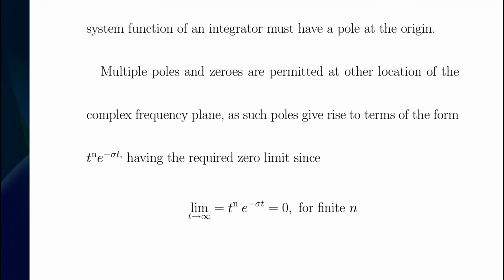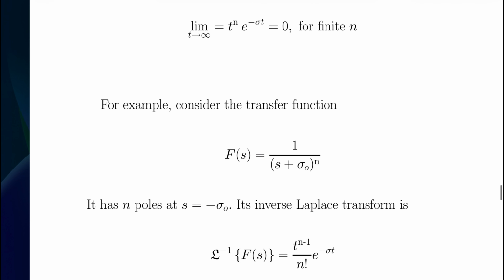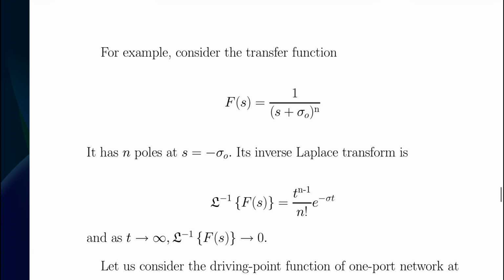Multiple poles and zeros are permitted at other locations of the complex frequency plane, as such poles give rise to terms of the form t to the power n exponential minus sigma t, which have the required zero limit, since limit of t to the power n exponential minus sigma t as time t tends to infinity is 0 for finite n. For example, we consider the following transfer function F(s) equal to 1 upon (s plus sigma0) to the power n.